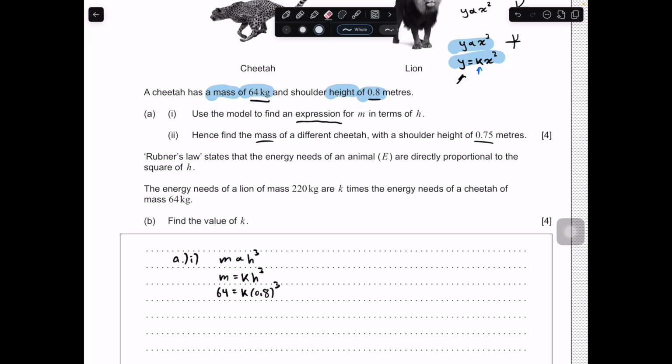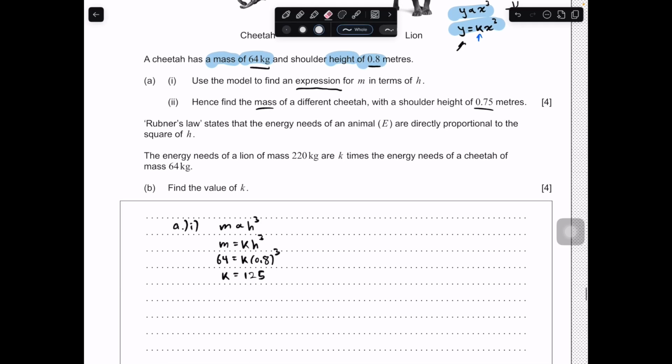I'm going to work that out on the calculator I have beside me. 0.8 cubed, and then 64 divided by that. This gives us a value of k equal to 125.